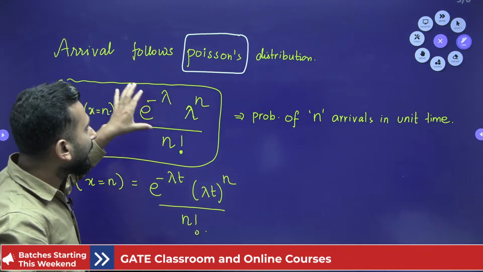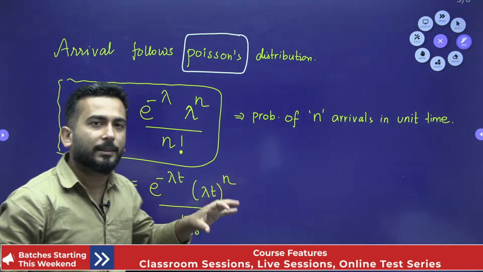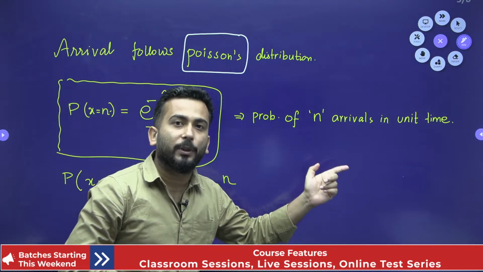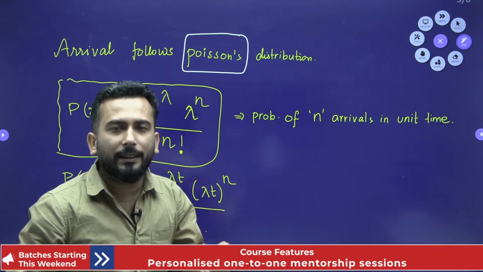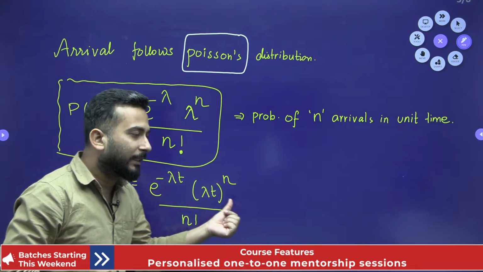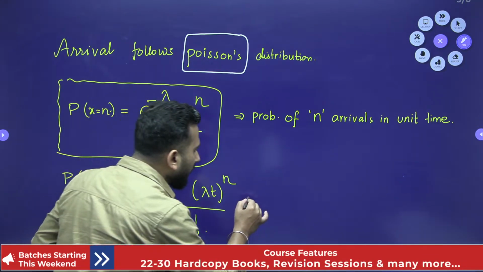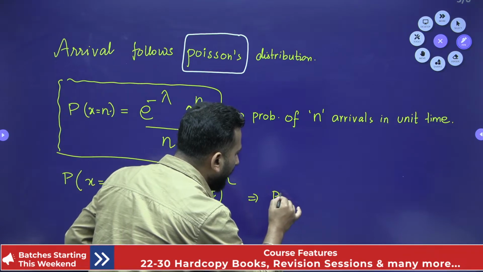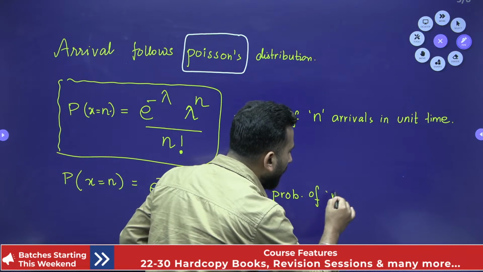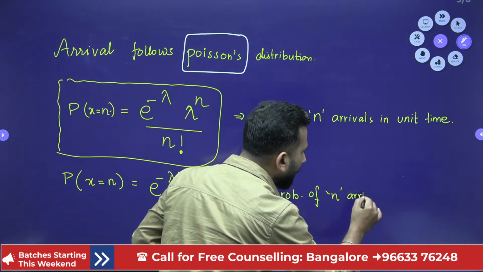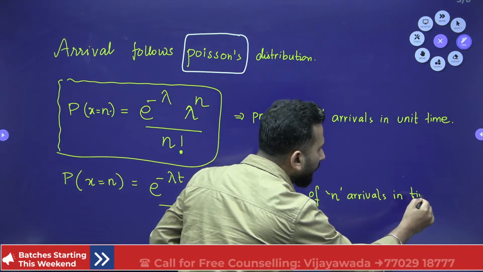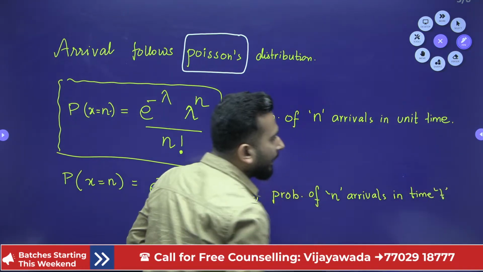Because generally in engineering maths we are using the formula for n arrivals in unit time, but your time can be anything. So this is giving you the probability of n arrivals in time t.